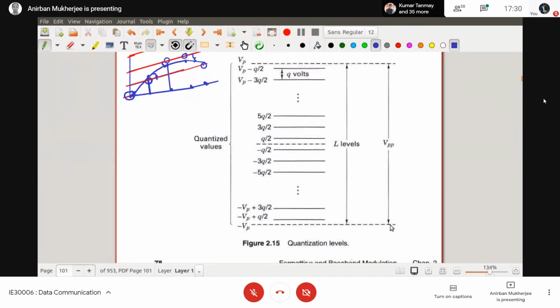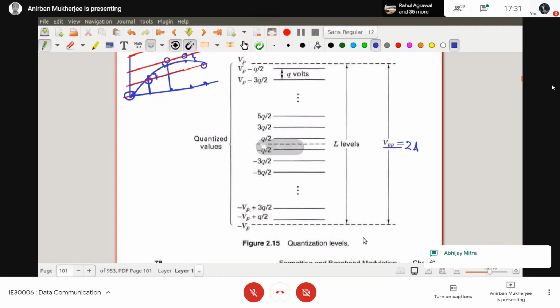Dynamic range means my V peak to peak. For a sinusoid it is 2 V peak. Say it is a 1 volt sinusoid, or rather A sin omega t. What is the V peak to peak? It is 2A.